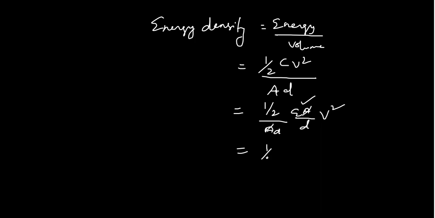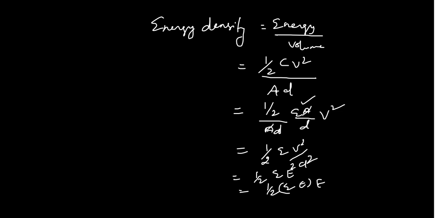Therefore it becomes 1/2 epsilon V squared by D squared. This V squared by D squared is E squared, so it is 1/2 epsilon E squared, that is 1/2 epsilon E into E.